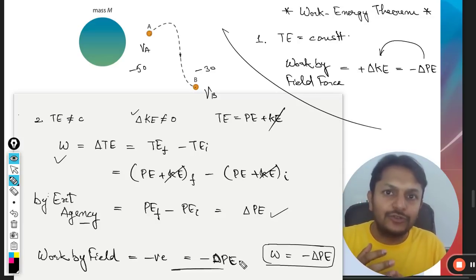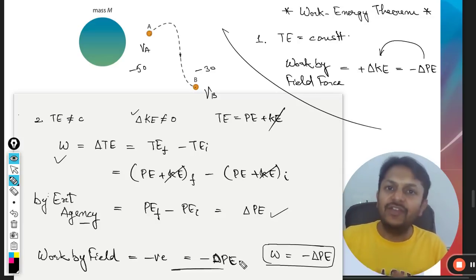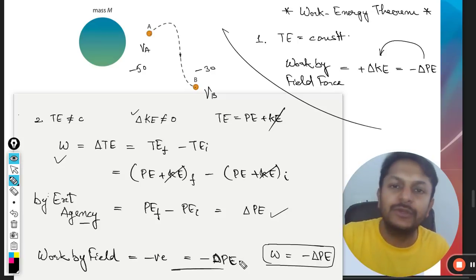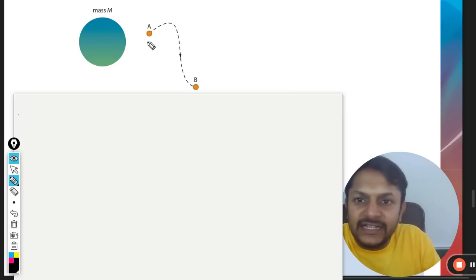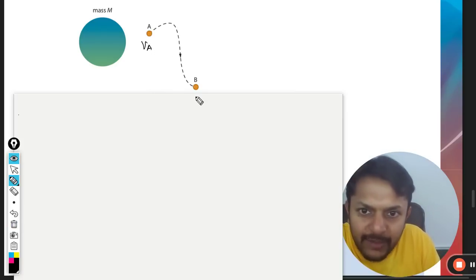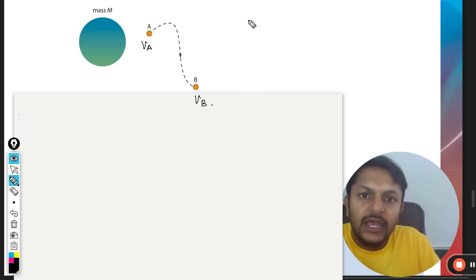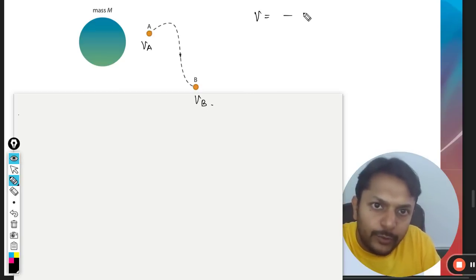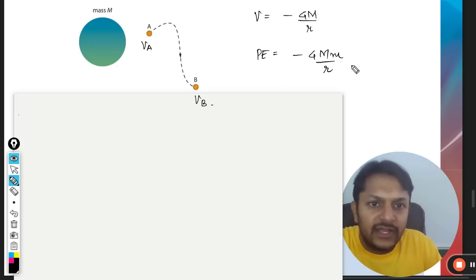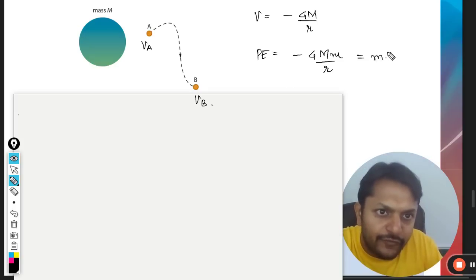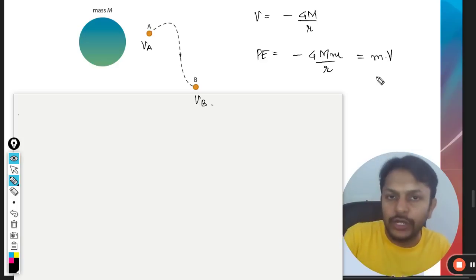Now I am going to talk about potential and derive a specific formula for you which will be used only in gravitation. Okay, now let us say that the potential here is VA, potential here is VB. So we know that the formula for potential is negative GM by R, and the formula for the potential energy is negative GMm by R. We can clearly say it is the product of mass and the potential at that point.